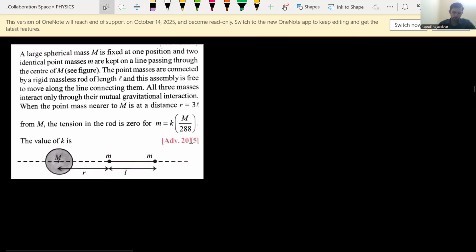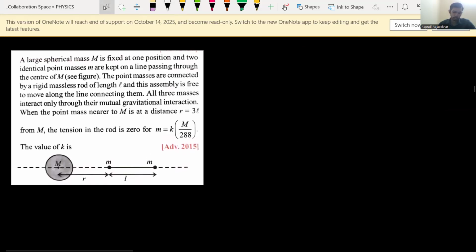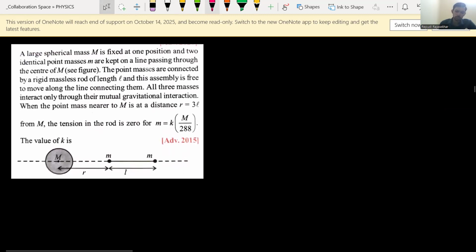Next question. This is from 2015. This is also a very good question, and a little bit of knowledge of laws of motion is also required. See the question here. A large spherical mass M is fixed at one position, and two identical point masses m are kept on a line passing through the center of mass M. The point masses are connected by a rigid massless rod of length L, and this assembly is free to move along the line connecting them.